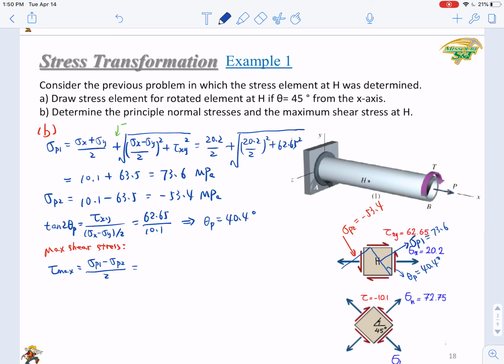That is 73.6 minus negative 53.4, over 2. So you get 63.5 MPa. This is the maximum shear stress. At this point, the two normal stresses will be the same, with magnitude equal to the average, sigma x plus sigma y over 2, that is 10.1.